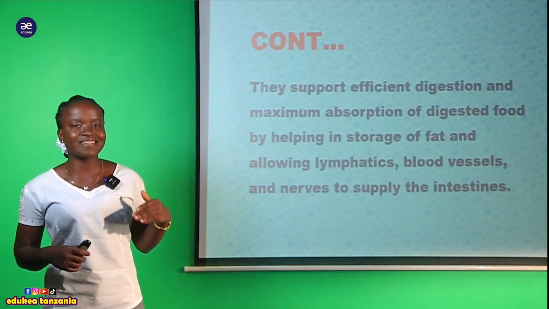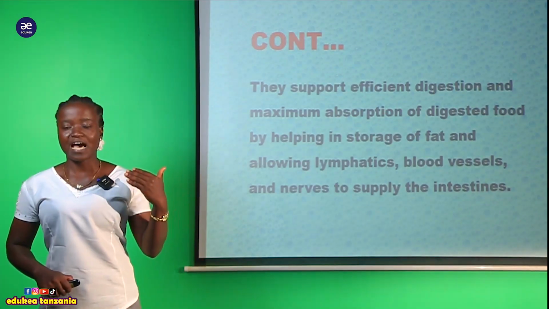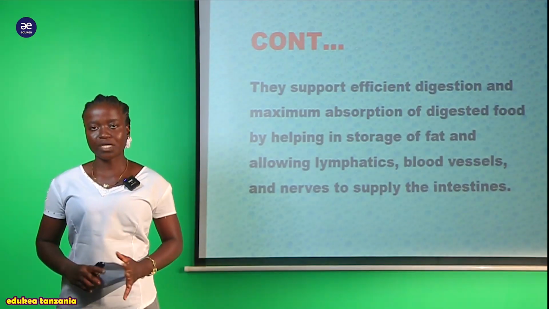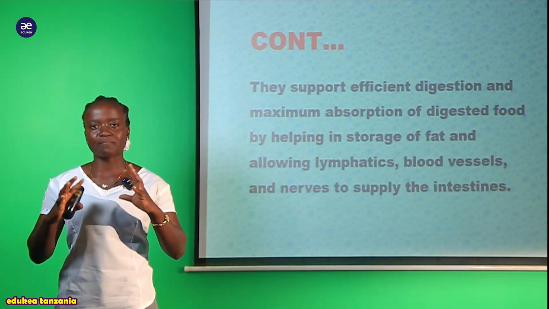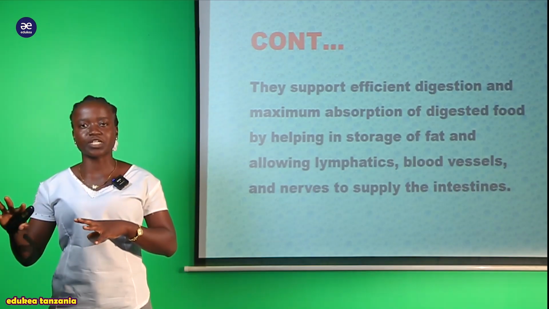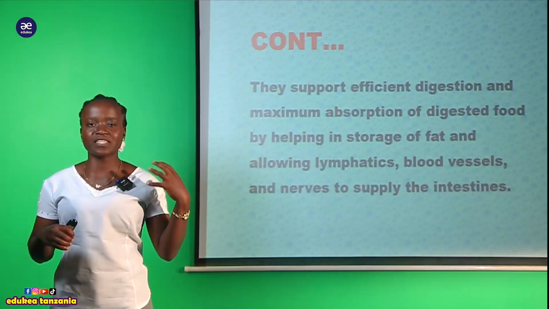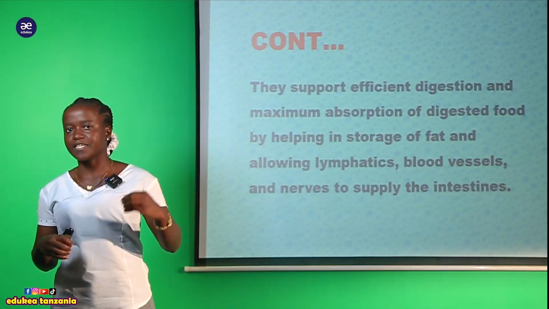Tunasema kwamba inasaidia maximum absorption of digested food. Kwa kile chakula kikishameng'enywa, kinafyonzwa vizuri kabisa, kinaingia kwenye different parts of the body, is within the help of the mesentery.